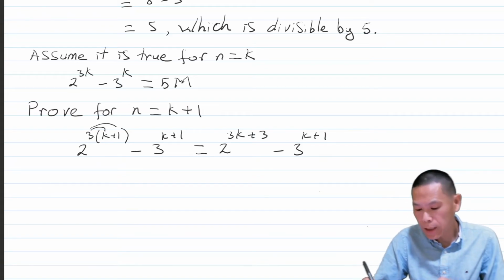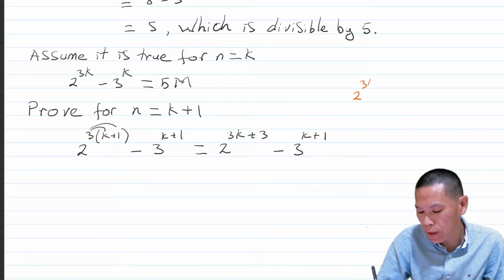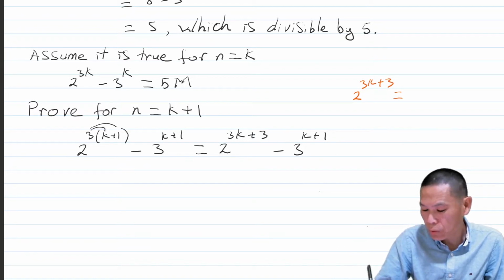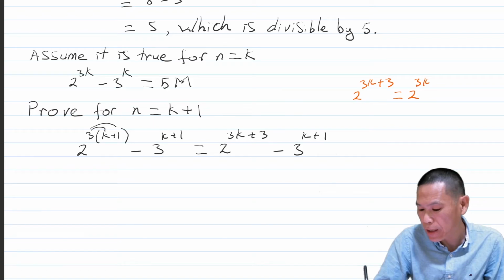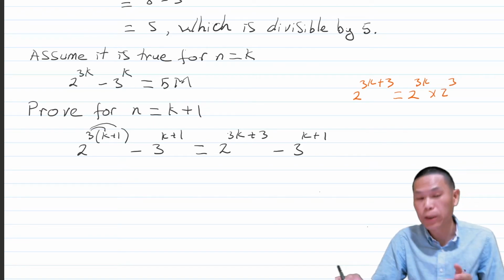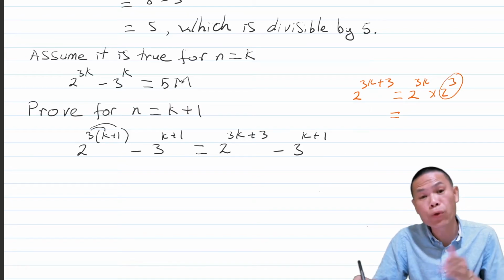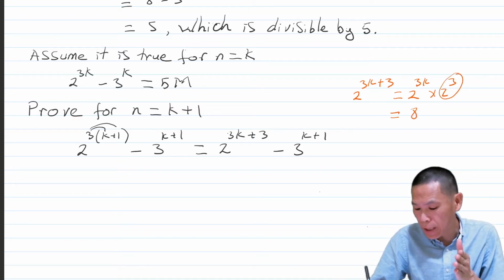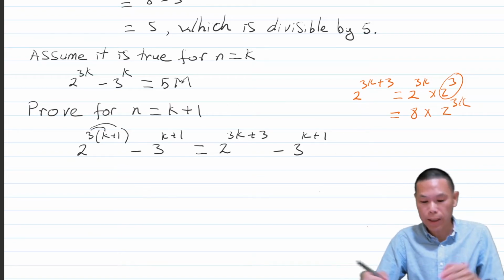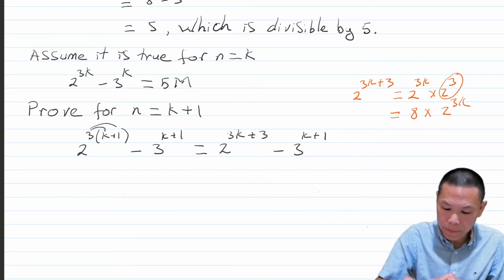Now don't forget 2 to the power 3k plus 3 is the same as 2 to the power 3k times 2 to the power 3. Don't forget that, okay? So this is the same as, 2 power 3 is 8. So it's 8 times 2 to the power 3k. That's what that meant. So I just write underneath here.